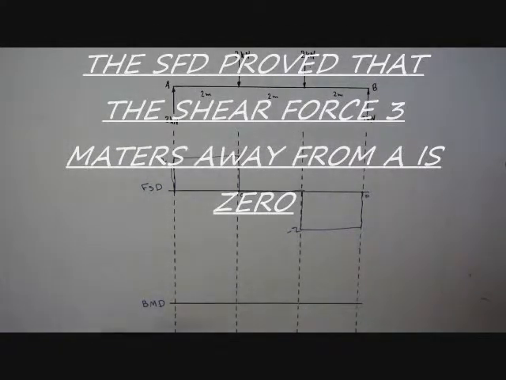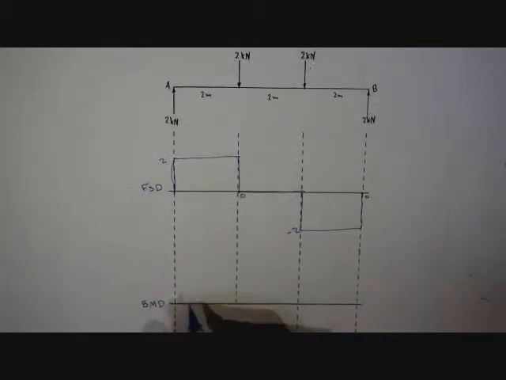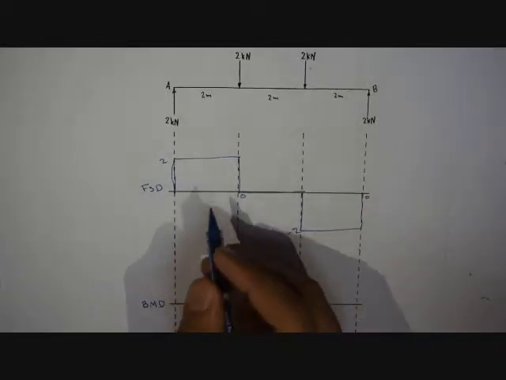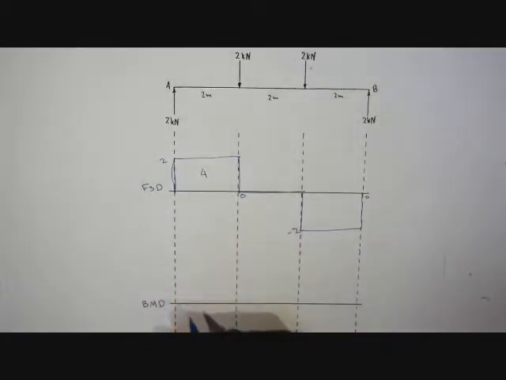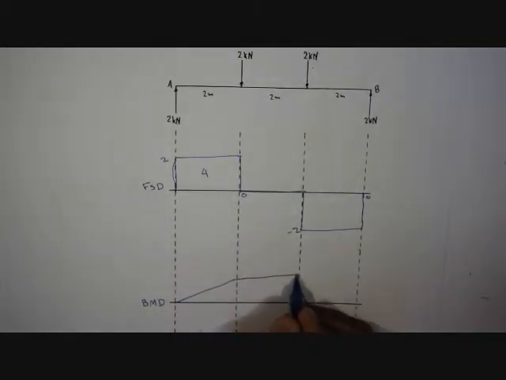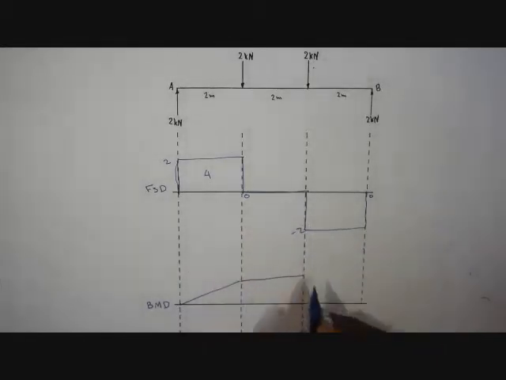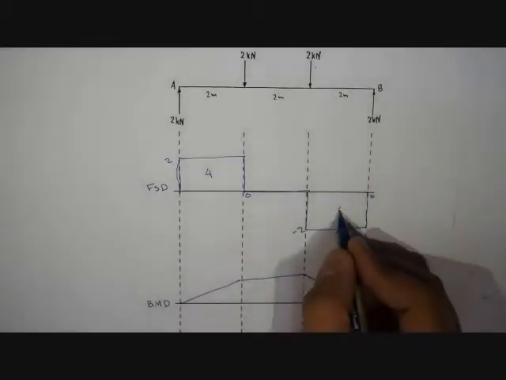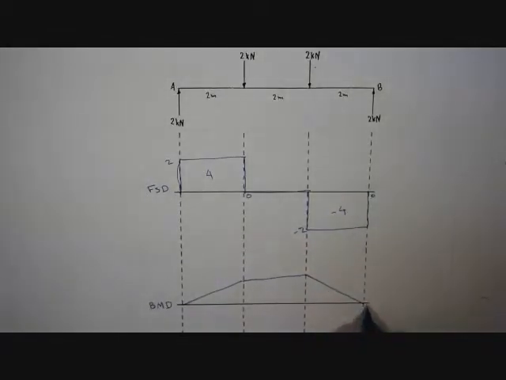So now we have drawn the shear force, and now the bending moment. We will go up 4 because of this area, and nothing here because we don't have any area here, and go down 4 because of this area, and we reach 0.